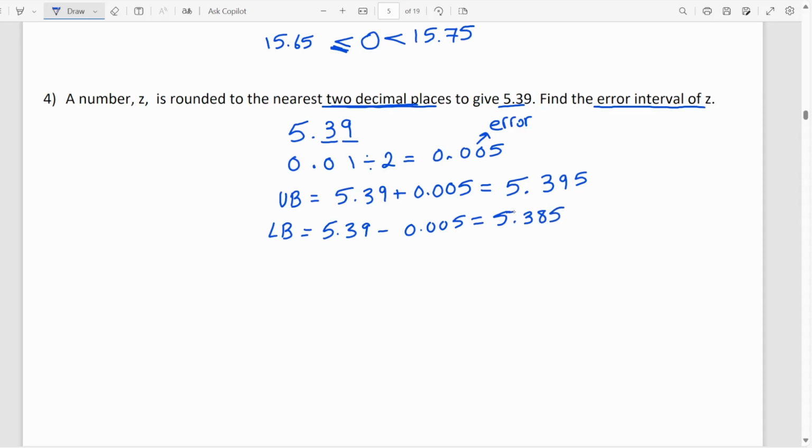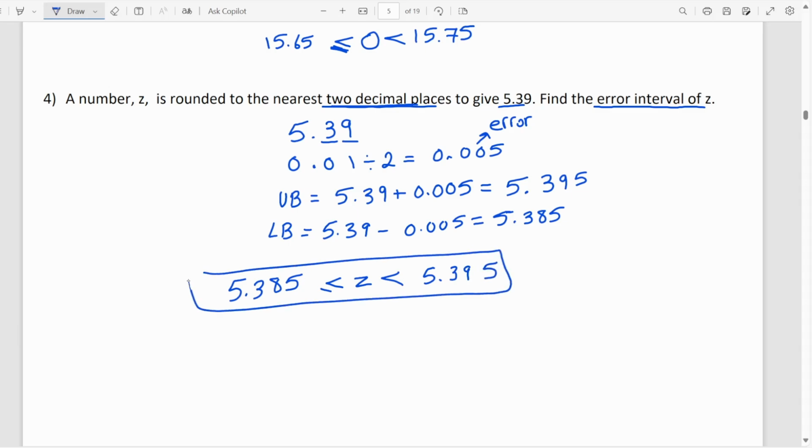Okay, so this is the lower bound, and the error interval will be z is between 5.385 and 5.395. Okay, this is the answer.